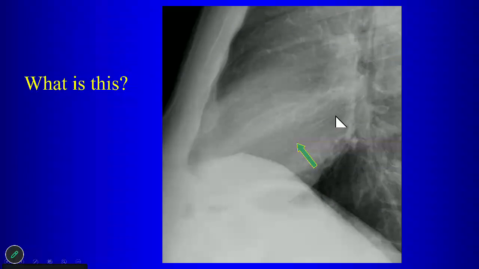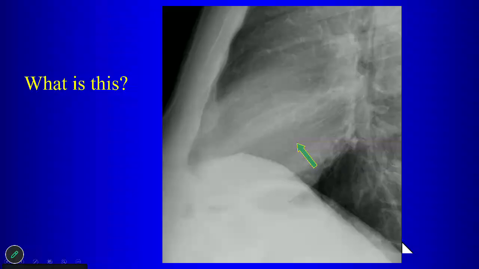Okay. What is the arrow pointing to here? Any senior residents? The left major fissure. How do you know that's the left major fissure? It goes down to the left diaphragm. How do you know that's the left diaphragm?